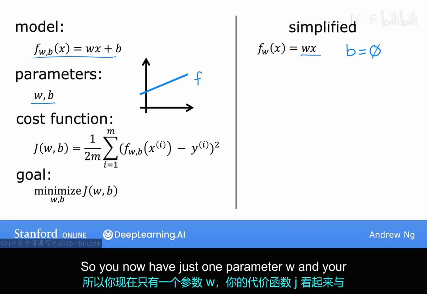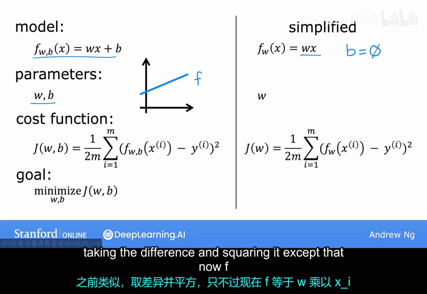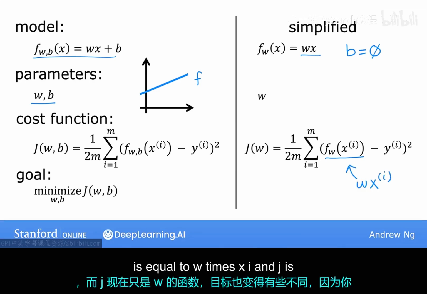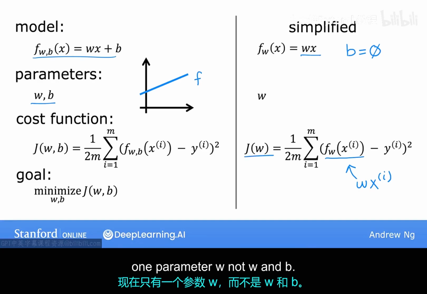So you now have just one parameter w, and your cost function J looks similar to what it was before, taking the difference and squaring it, except that now f is equal to w times x i, and J is now a function of just w. And the goal becomes a little bit different as well, because you have just one parameter w, not w and b.